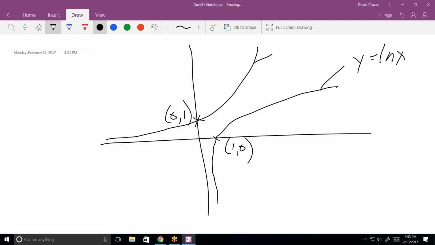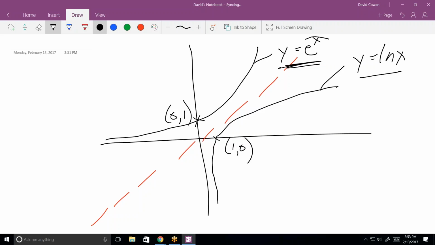This curve is y equals e to the x. They are reflections of one another about this line right there, y equals x, which makes them what? Inverse. This is the perfect inverse of that. Now, do not confuse inverse with equivalent.